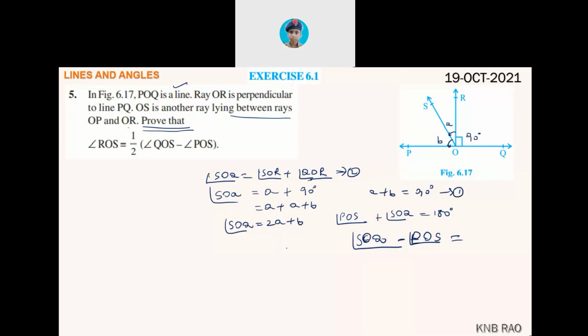Angle SOQ minus B equals 2A. Since angle POS is substituted, A is equal to half into angle SOQ minus angle POS.